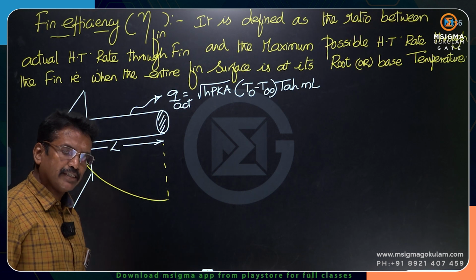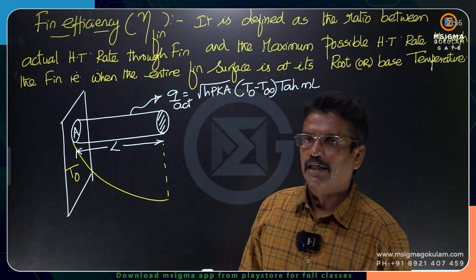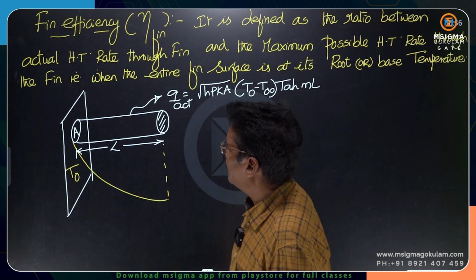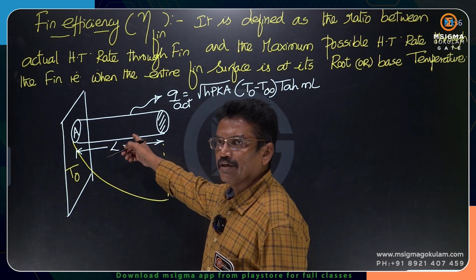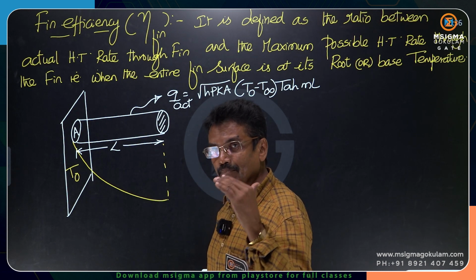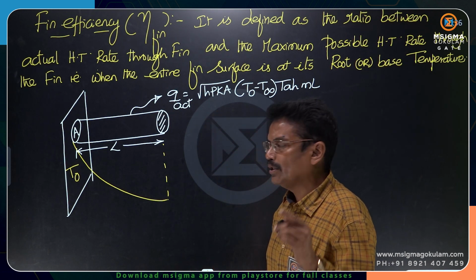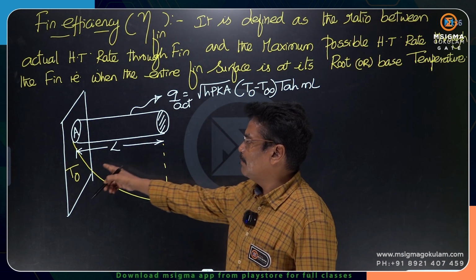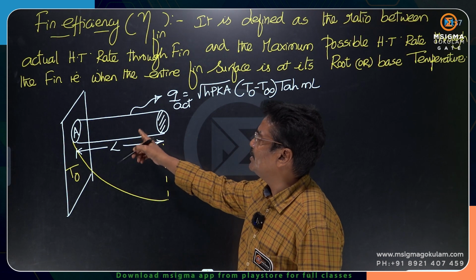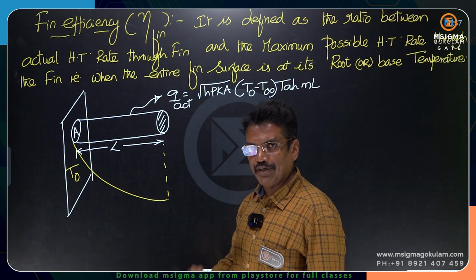What will be the maximum possible that can occur? The maximum possible occurs when the entire fin surface is at the same base or root temperature. When can that happen? The whole of the fin will be at the base temperature only when the material of the fin has infinite thermal conductivity.